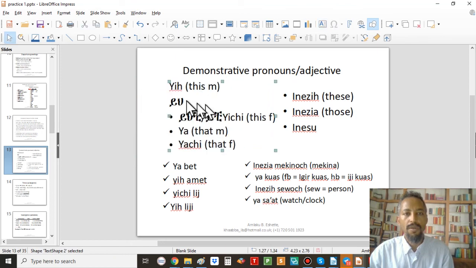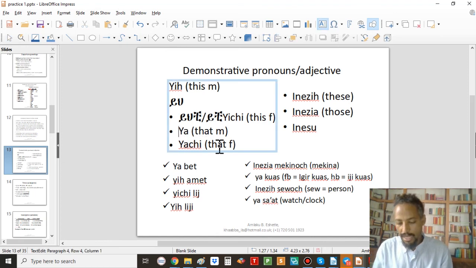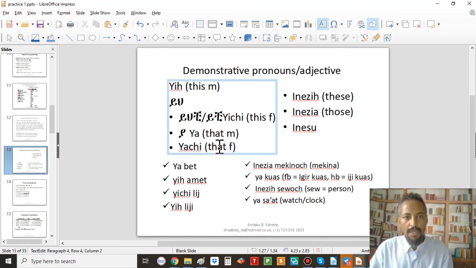There you go. That's what I want. And here, yachi. This is how you write it, and I will put this one here.